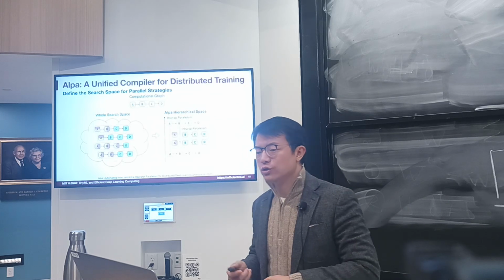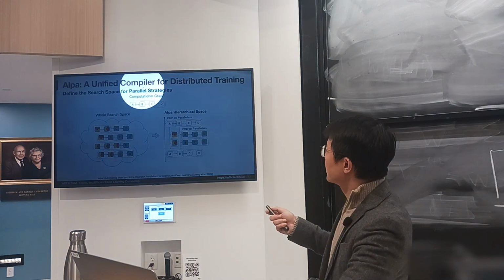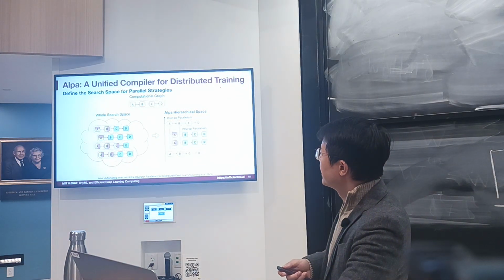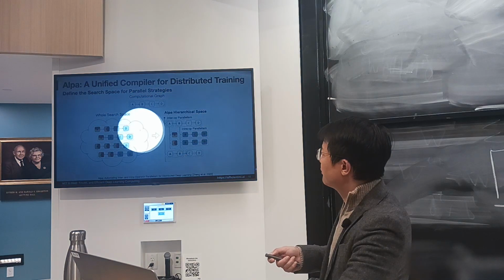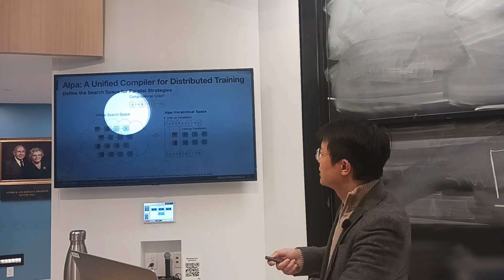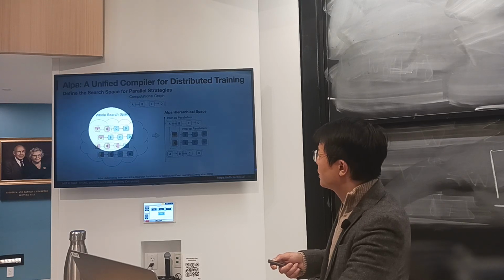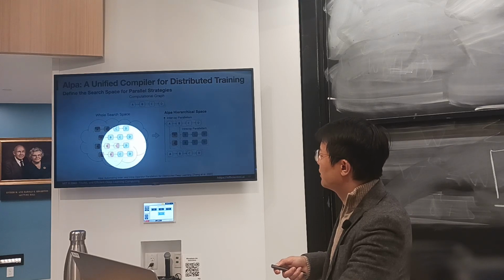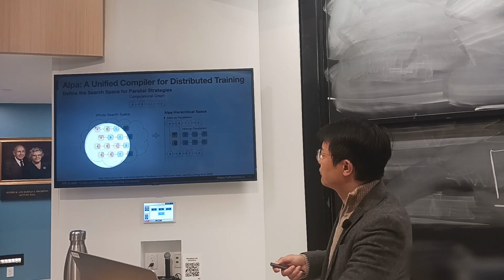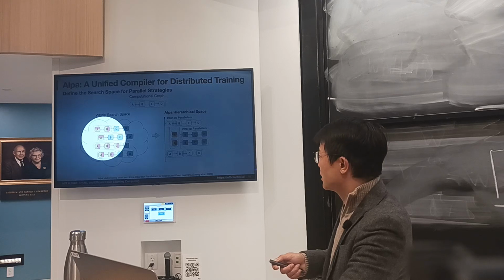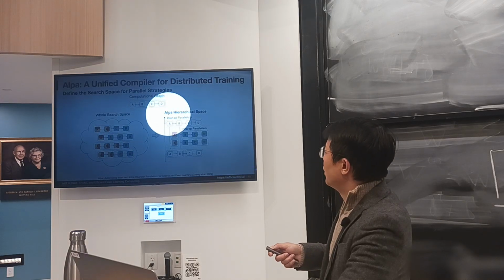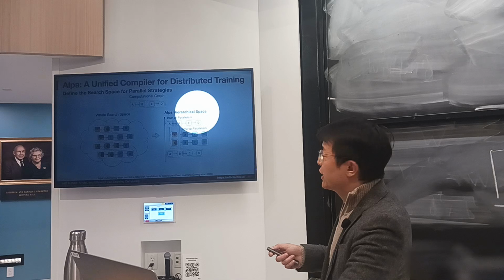So here I introduce Alpa, a unified compiler for distributed training. Given a computational graph, 4 layers in this case, there is a pretty large search space between the layers and also within the layers. We can partition them 2 plus 2, or 1 plus 3, or 3 plus 1, and even within each group, we can partition the tensor vertically or horizontally. So Alpa proposes a hierarchical search space.